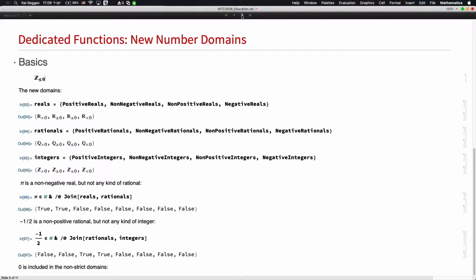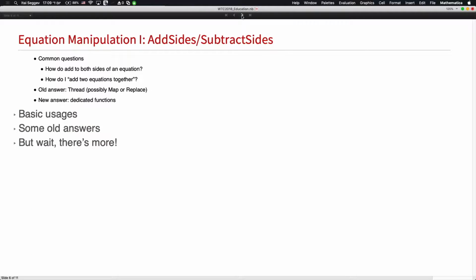Okay, so these are sort of formatting and elementary things. The next few slides are also sort of elementary math, but it's actually not as trivial functionality as you might think. Common questions that you would get are like, how do I add 5 to both sides of an equation? Or how do I add the respective sides of these equations?